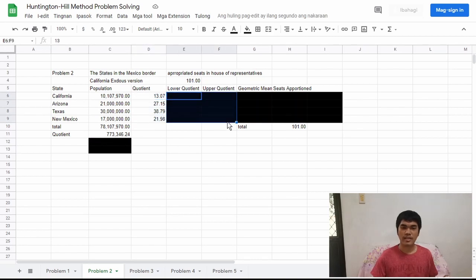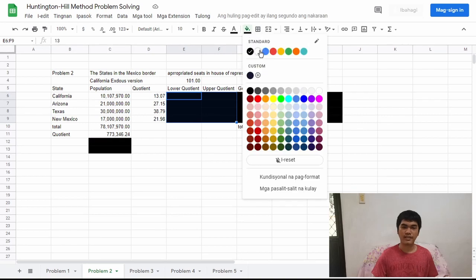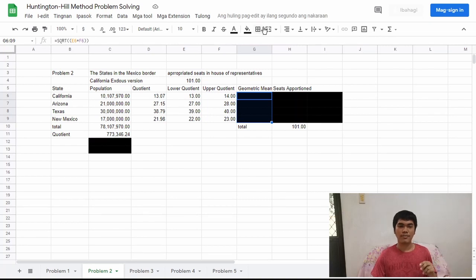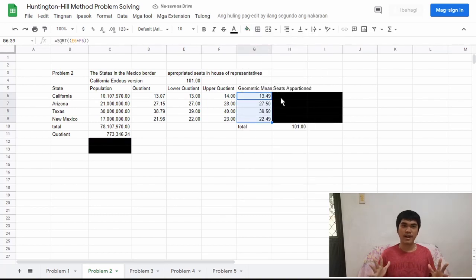So we'll get the lower quotient and upper quotient, and we'll solve for the geometric mean, which is the square root of the lower quotient times upper quotient, and we will see the difference between our base, which is the quotient, and the geometric mean.